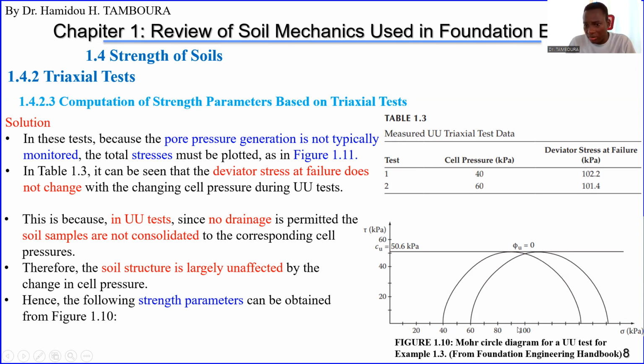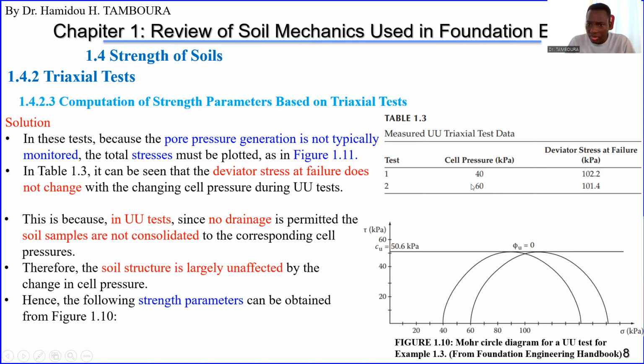As you can see, each step is around 10, I think. So 80, 90, 100, 110, 120, 130, 140, and then the next one is 142.2. Okay, so this is the first test.